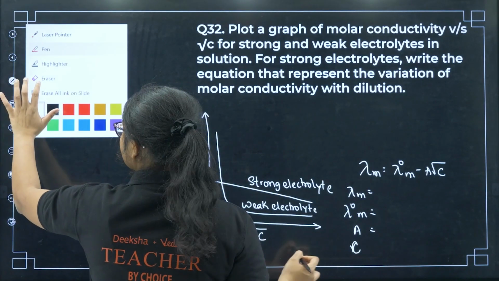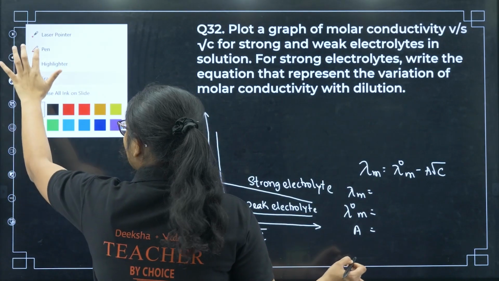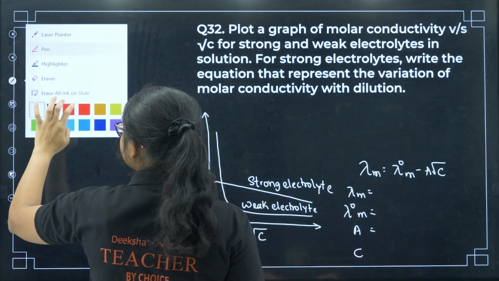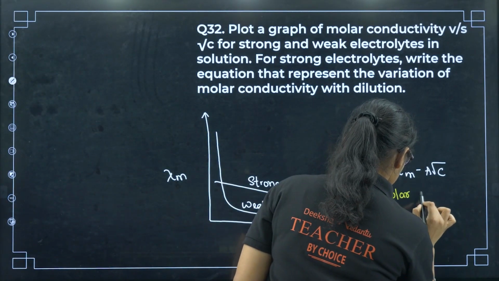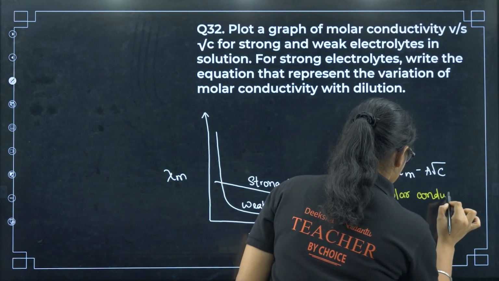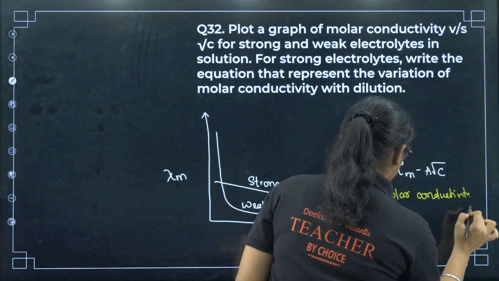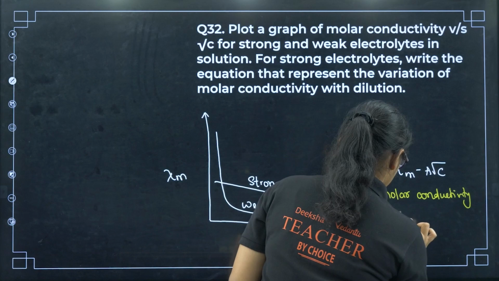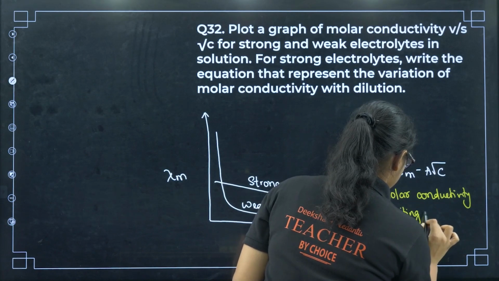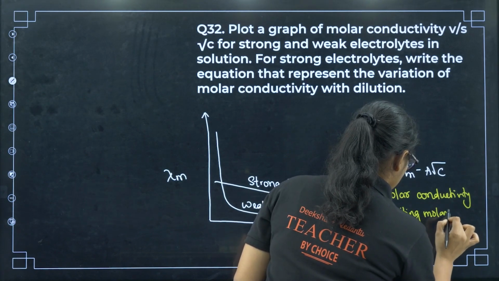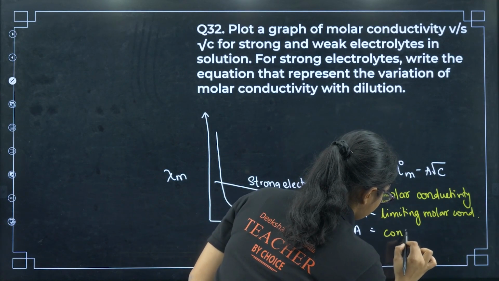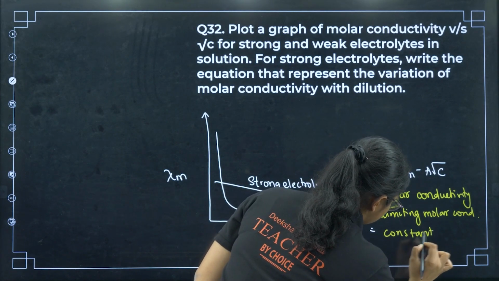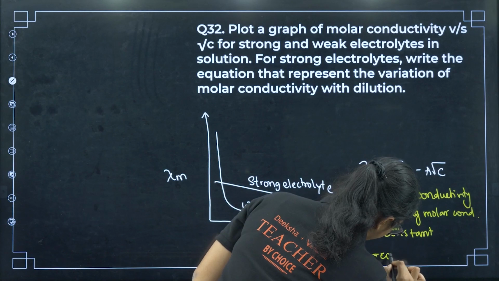Okay, so Λm is your molar conductivity. This is limiting molar conductivity. Okay. And A is a constant and c is your concentration.